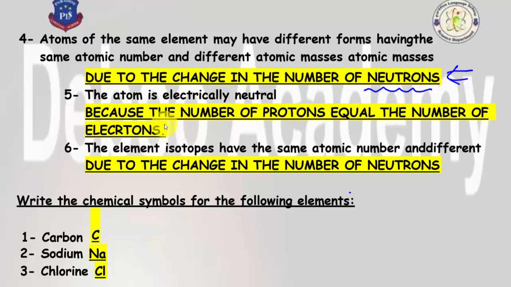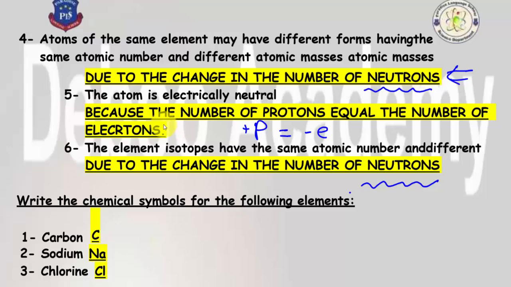The atom is electrically neutral. We said that before more than one time, because positive protons equal negative electrons. The isotopes of an element have the same atomic number and differ in mass number due to the change, again, in the number of neutrons.